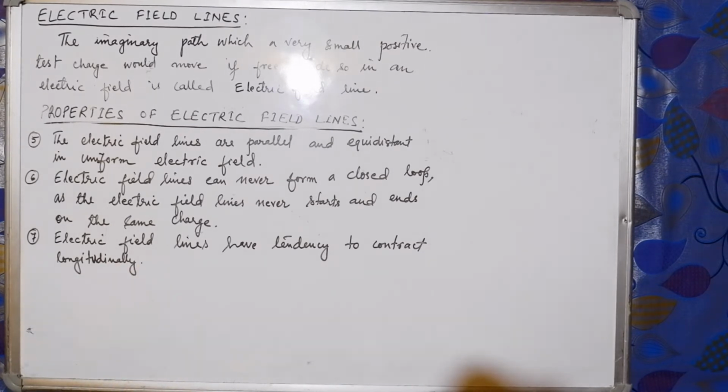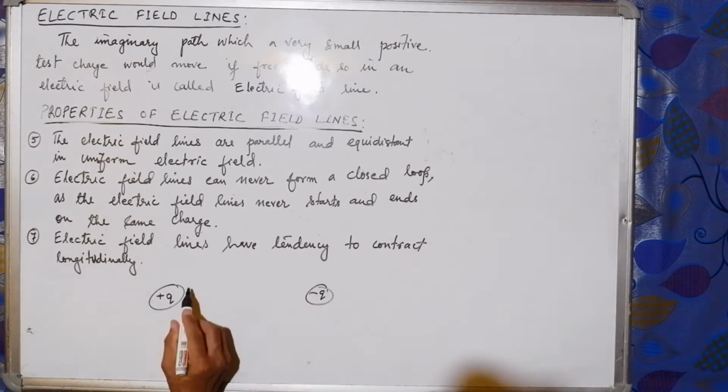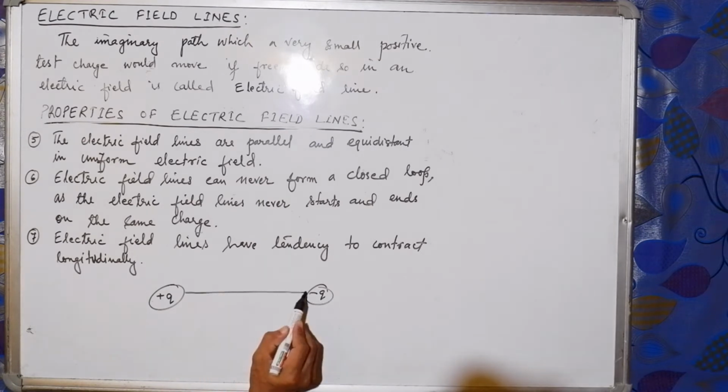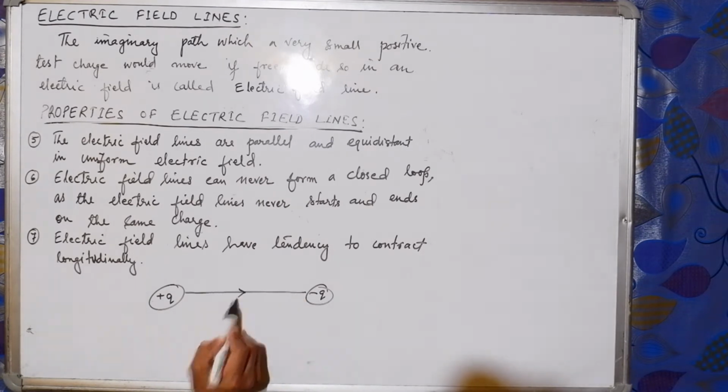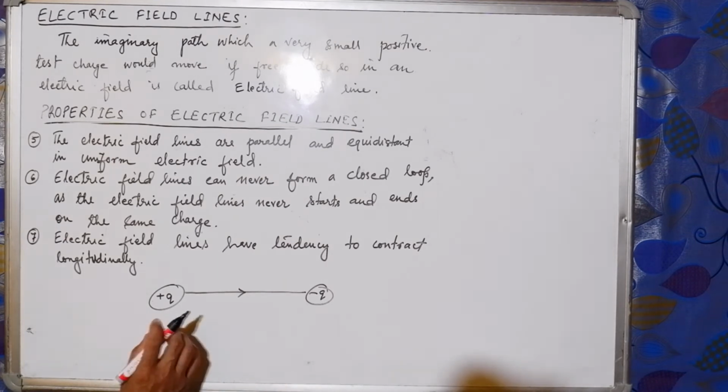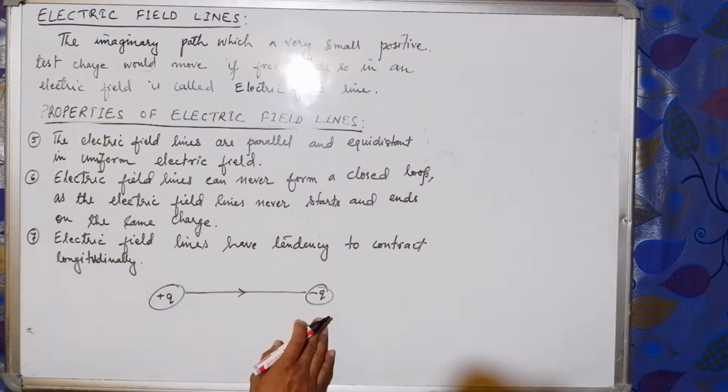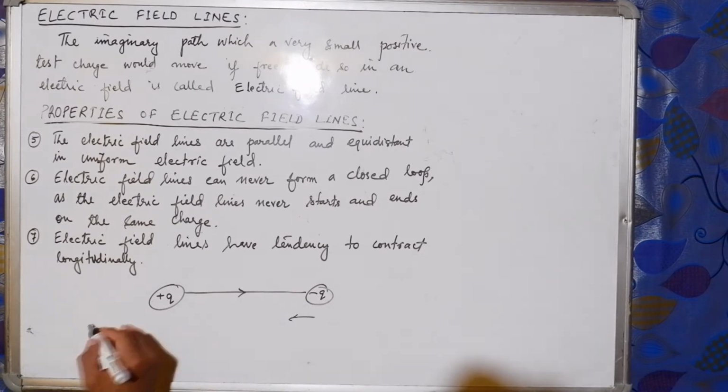That means, for example, if I have a positive charge here and a negative charge here, then the electric field line will come from the positive charge and enter the negative charge in that way. Now, we know that this is positive charge and this is negative charge, so there will be a force of attraction between them. So let us say after some time this negative charge will move a little bit towards the positive charge.